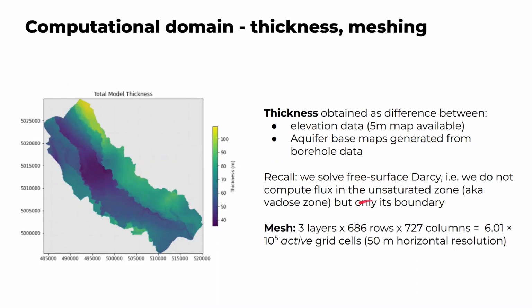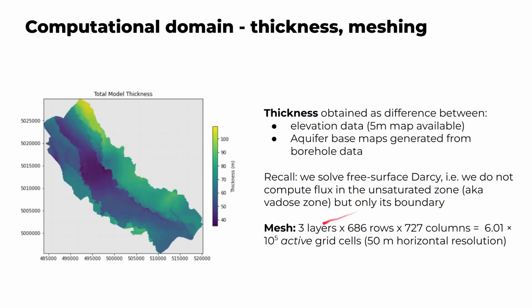So to this end, the engineers thought it was good enough to use a mesh with 3 layers. And the first 2 layers are a bit thinner because we need to capture the position of the boundary between the saturated and the unsaturated zone.